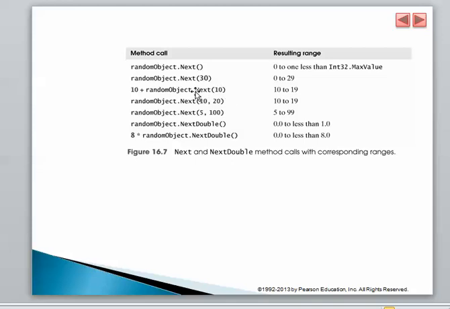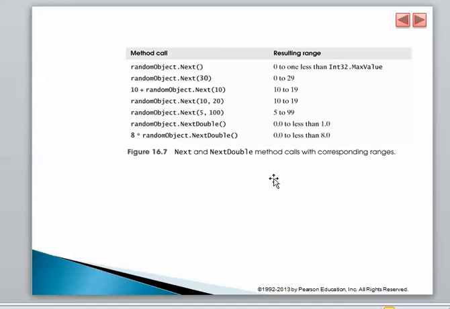However, if I add 10 to those numbers, then it's going to be a number from 10 to 19. That's what they mean over here. Here is a number that starts at 5 and ends at whatever this number is here, minus 1, so from 5 to 99. Random object next double gives 0 to less than 1.0, and so on. You can look at those examples.